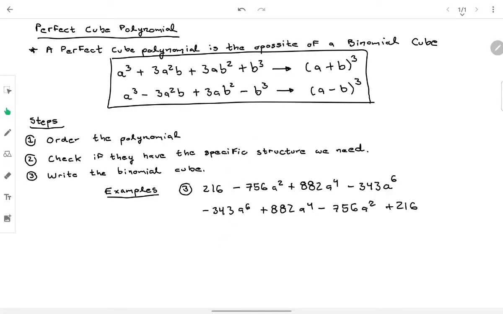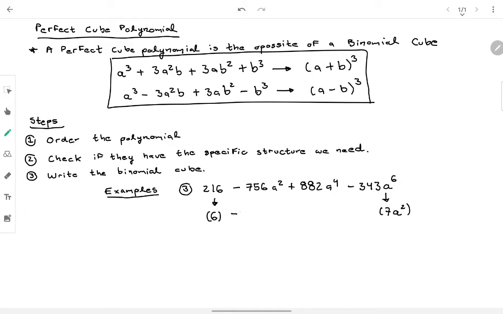So in this case, I can leave it like it is because it has a structure where the first term has a specific cubic root, that is going to be a squared. The last one also has a cubic root that is going to be 7a squared. So let's see how to do it. The first one has a specific cubic root, and the last one has a specific cubic root that is going to be 7a squared.